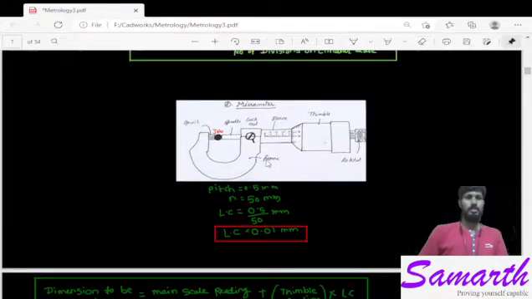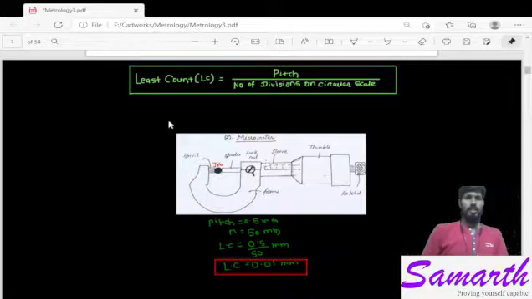Here you can see the least count for the micrometer is given by pitch divided by the number of divisions on the circular scale. On the circular scale there are 50 divisions, right, and the pitch is 0.5 millimeter. The number of divisions has no unit, so it is only 0.5 mm divided by 50.